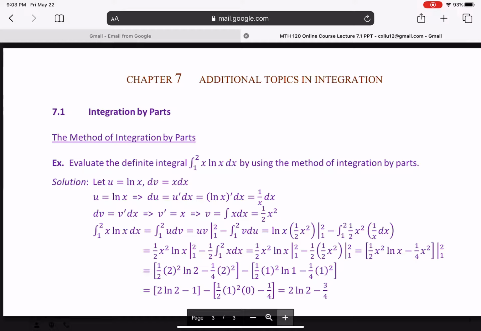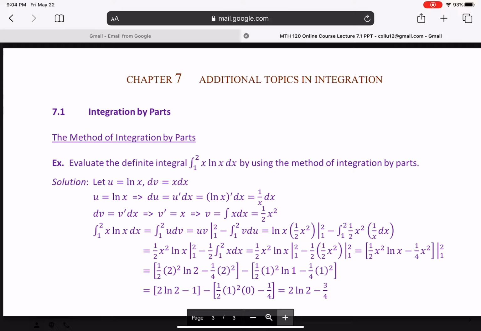Now, the second term can be simplified as negative 1/2 times the integral of x, and that can be easily integrated to get 1/2 x squared ln x minus 1/2 times 1/2 x squared. So that's just 1/2 x squared ln x minus 1/4 x squared.